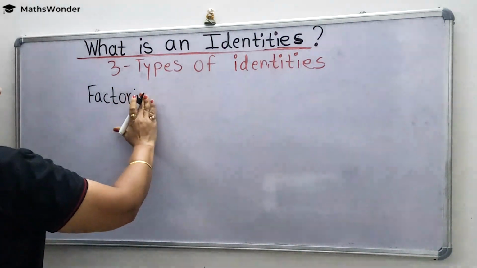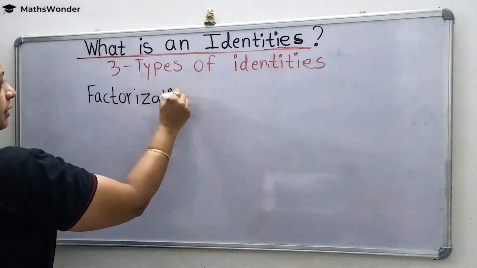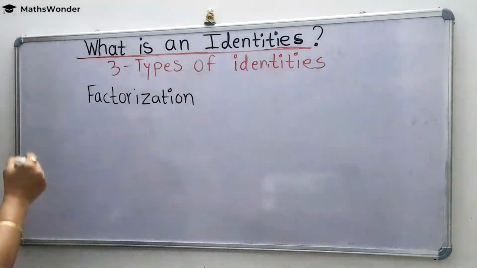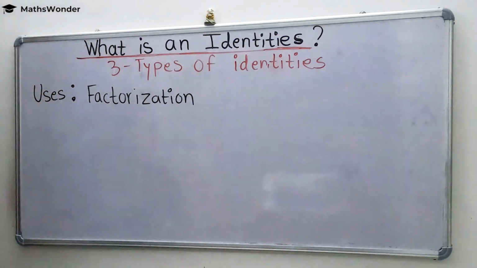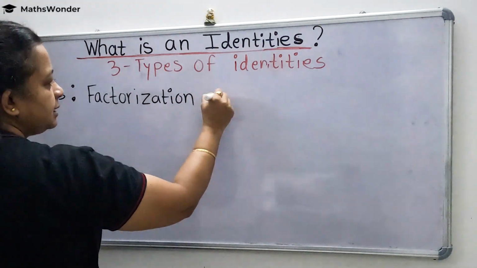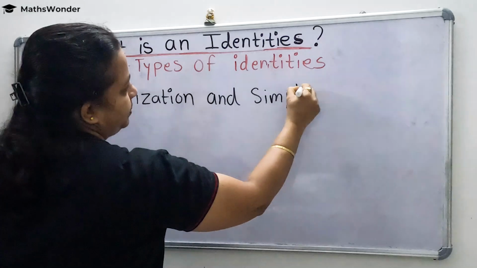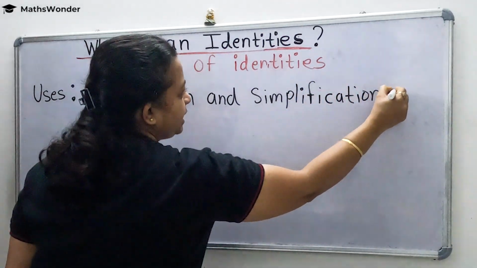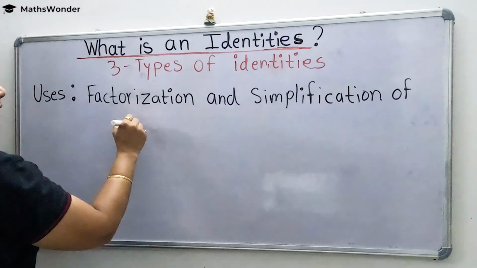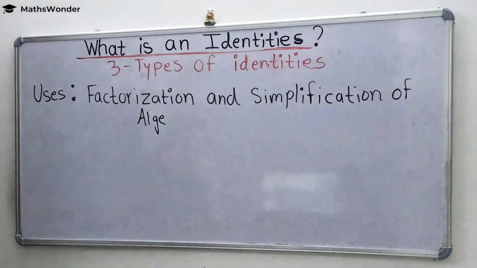So there are two uses of these identities. One is factorization and the other is simplification of algebraic expressions.